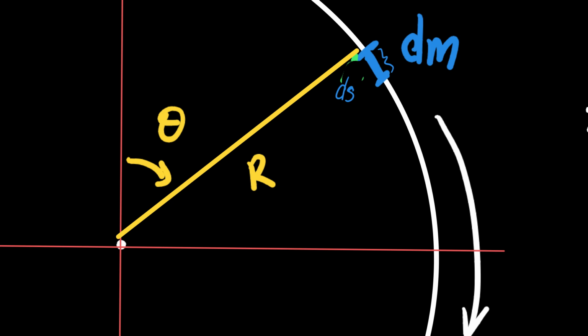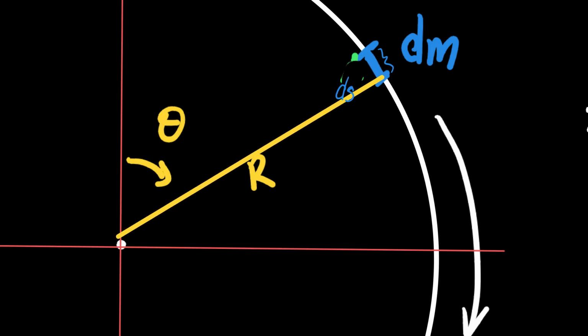But I don't want to use ds, I want to use r and theta. So if I wanted to describe how big ds is, it seems to me I would go out to the first part of my piece of mass and then just go over a small increase in theta.